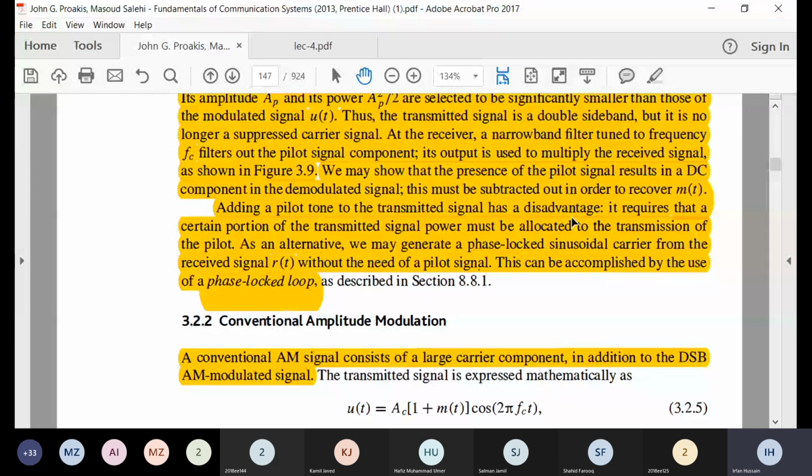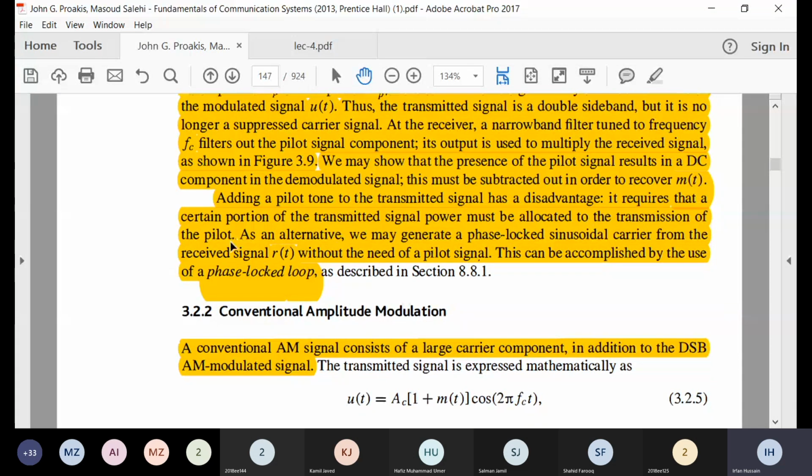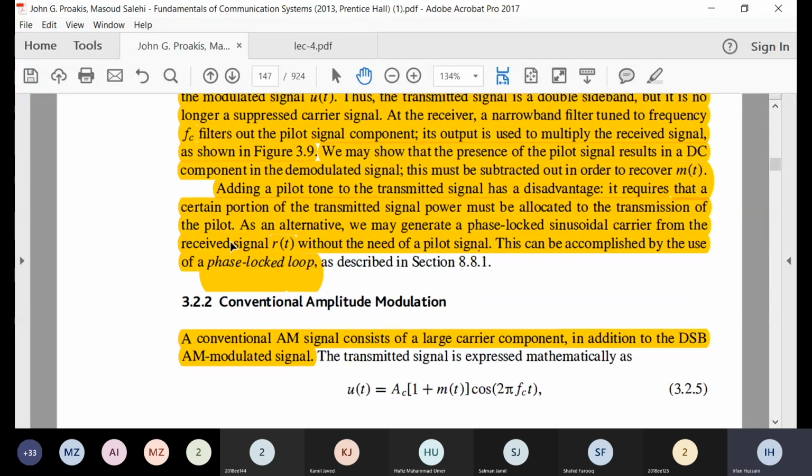But you can see the drawback here: you have to allocate a certain part of your signal power to the pilot, this low magnitude additive pilot signal. Another thing is that you can also generate a phase locked sinusoidal carrier from the received signal without the need of a pilot signal.